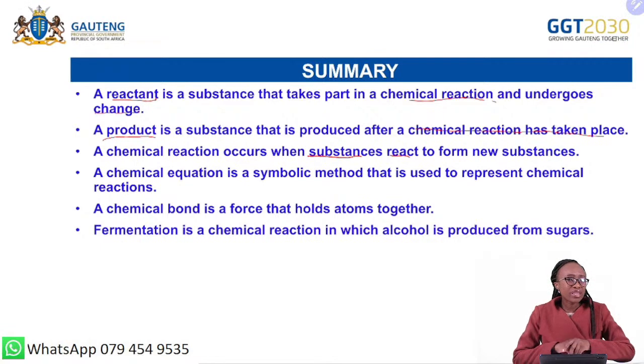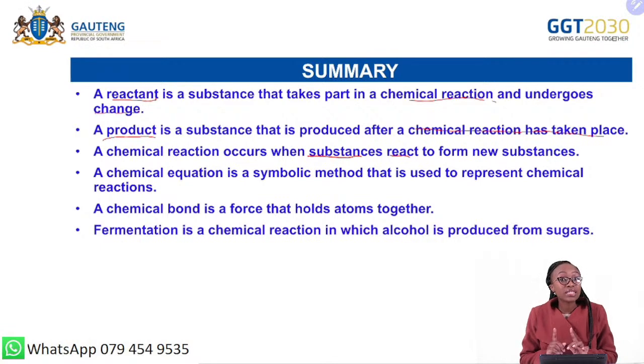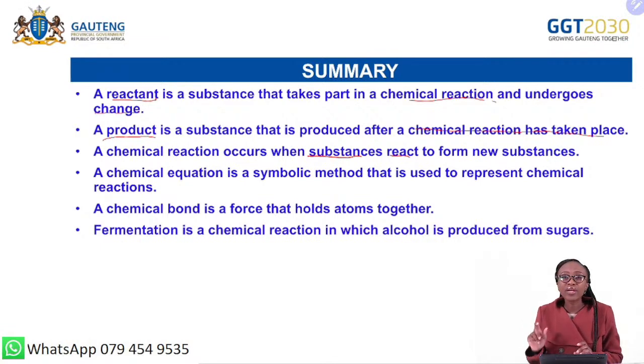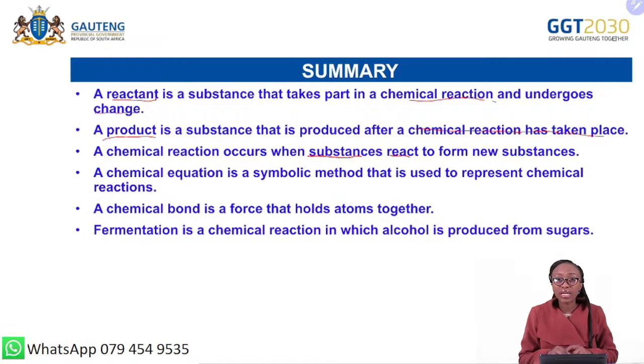Do you remember the basic equation for fermentation? So the basic equation for fermentation is your sugars, it could be glucose, reacts with yeast to produce alcohol, which is ethanol, and water. That is the basic equation for fermentation, the general equation. Always keep that one in mind.